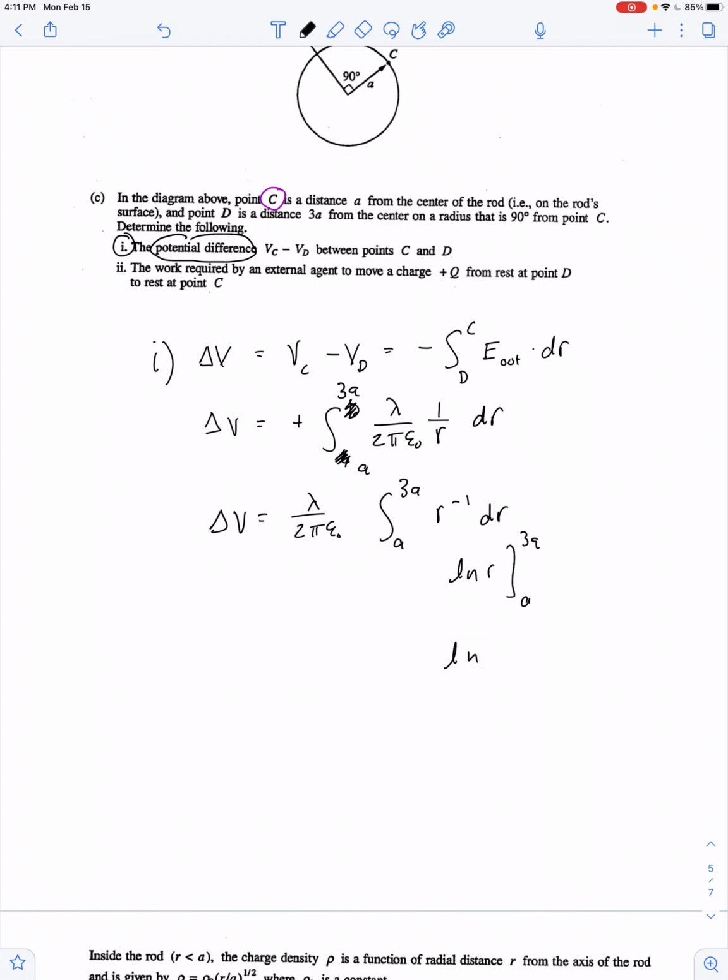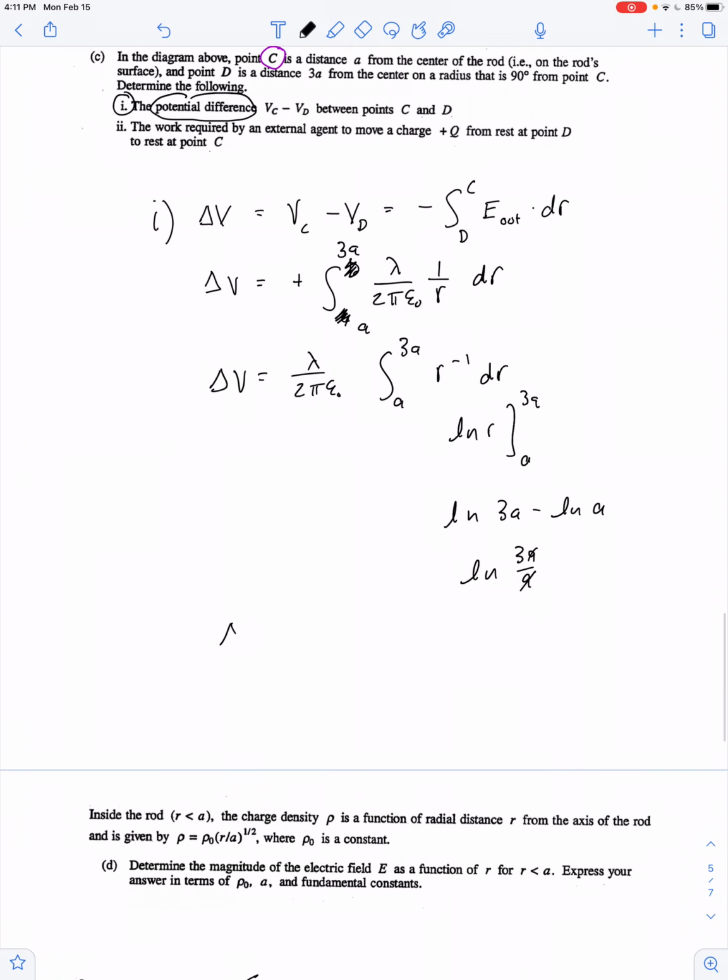Well, the natural log of 3A minus the natural log of A is the same thing as the natural log of 3A over A, and then the A cancels out. So we get delta V is equal to lambda over 2 pi epsilon naught times the natural log of 3.